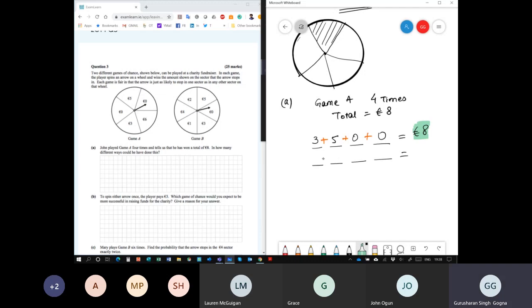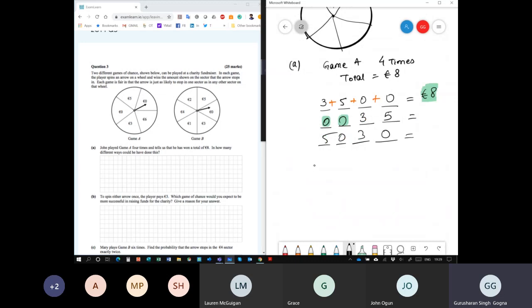So you need to list all the possible outcomes here, because in the question they said how many different ways could he have done this. Okay, so how will you do that? 0, 0, 3, 5. You can say 5, 0, 3, 0.